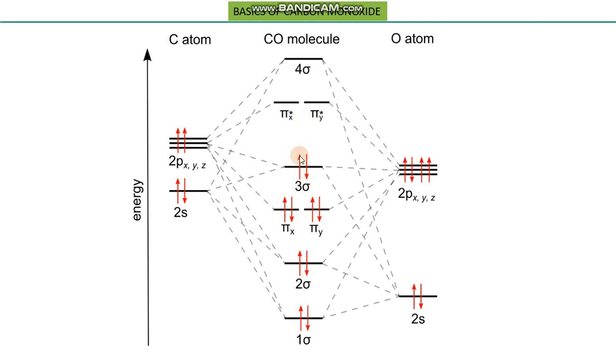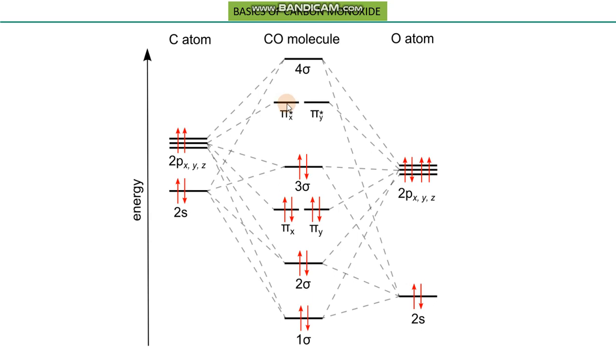HOMO is the orbital which is occupied, completely filled, containing at least a pair of electrons. This pair of electrons can be donated to any suitable species.